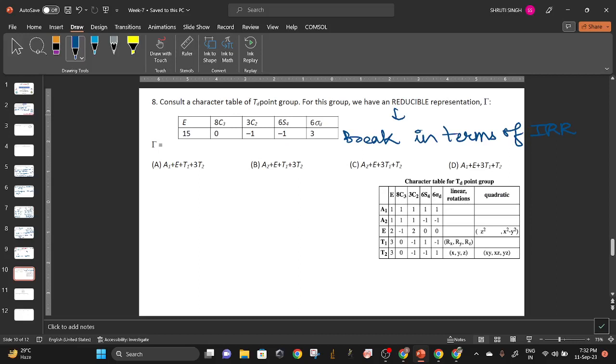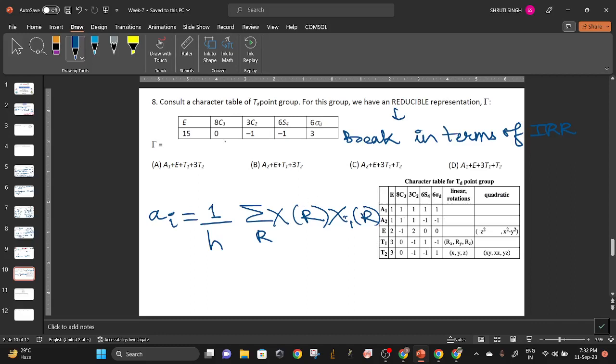You can see now the formula for this. a_i, the contribution of the ith irreducible representation, is given by 1 over h, the order of the point group, times the summation over the symmetry operations R of chi_R for the reducible representation, the character under the reducible representation of this symmetry point group, times chi_iR, the character under the irreducible representation, which means these characters.